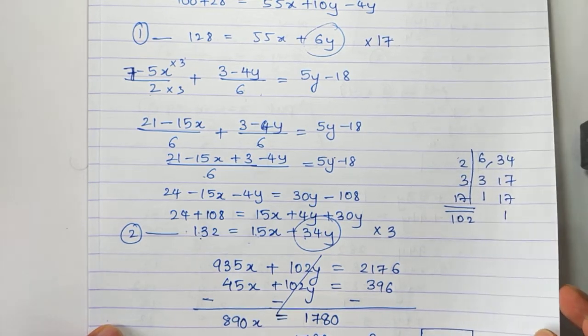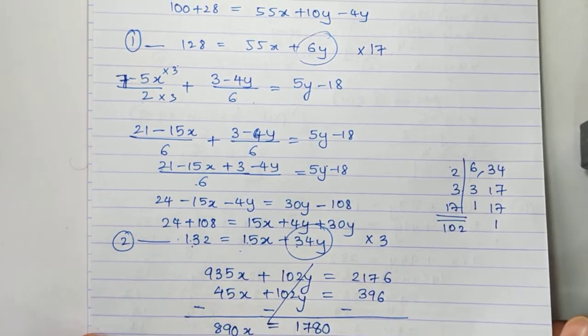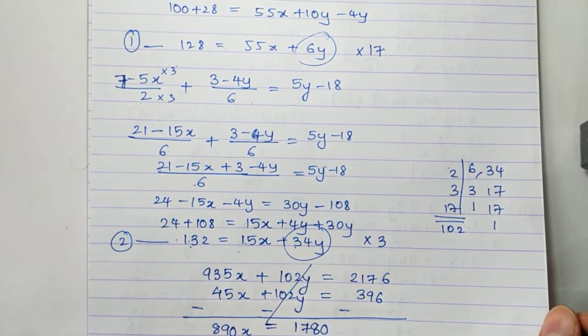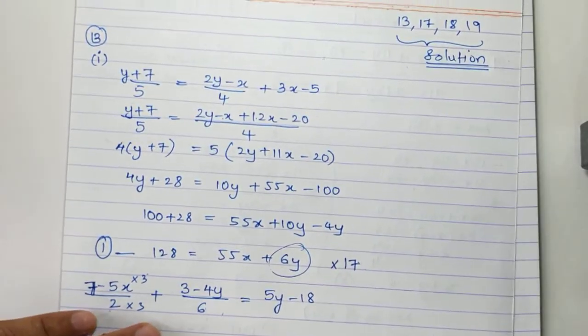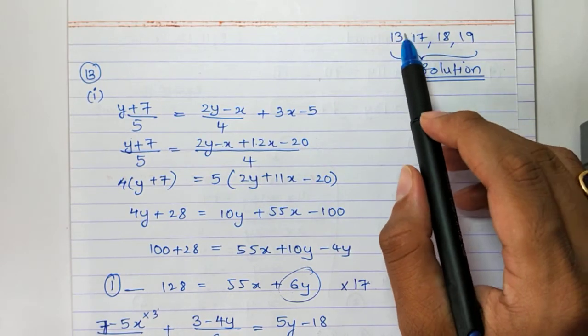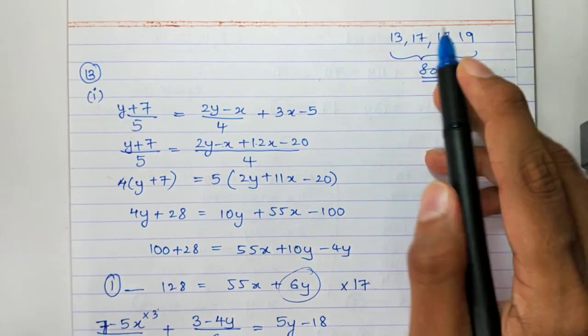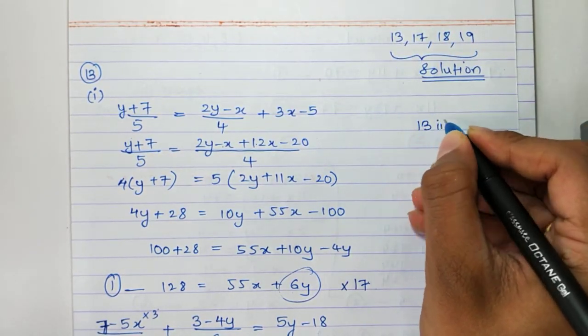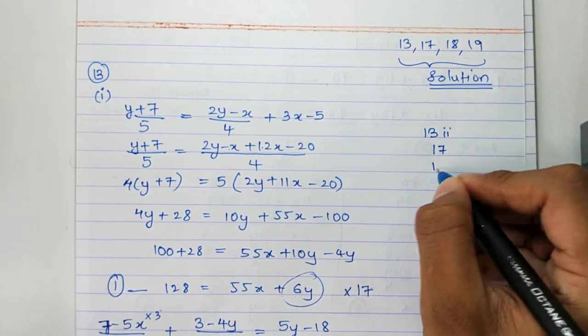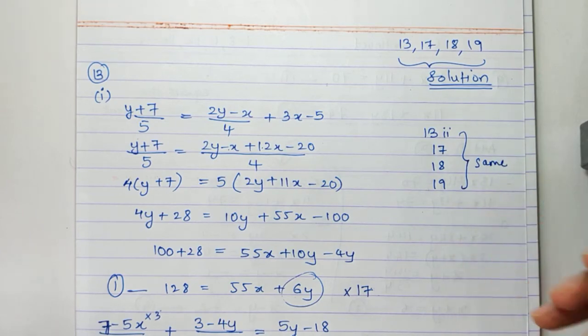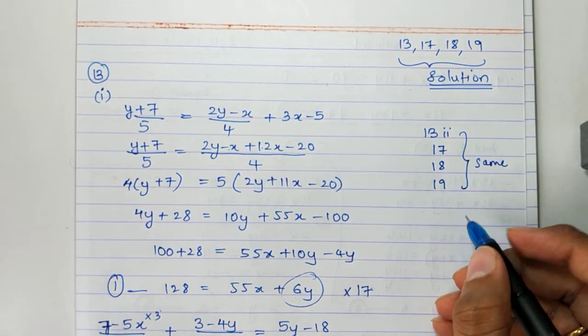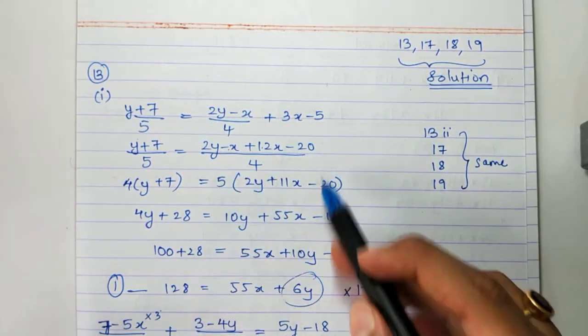Okay. So this exercise, the remaining sums, that is sum number 17, 18 and 19, all three sums, in fact the second sub-question of 13, the 17th sum, 18th and 19th, all these sums are similar type like we did here.